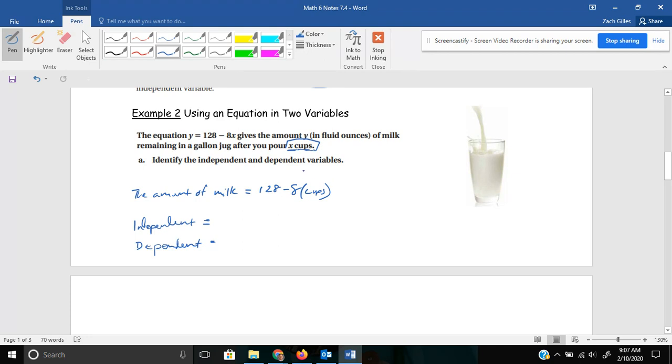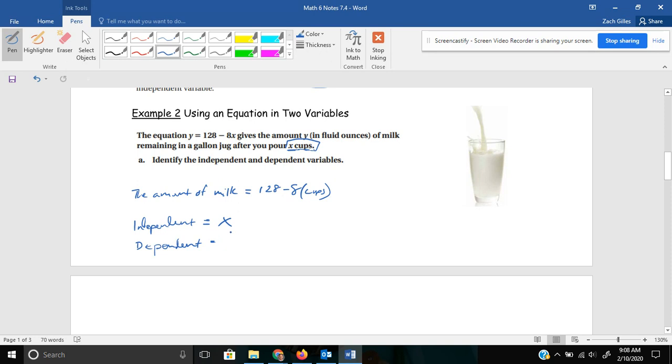That's your x, or your independent variable, because the amount poured can change. The amount of milk remaining depends on how many cups have been poured.